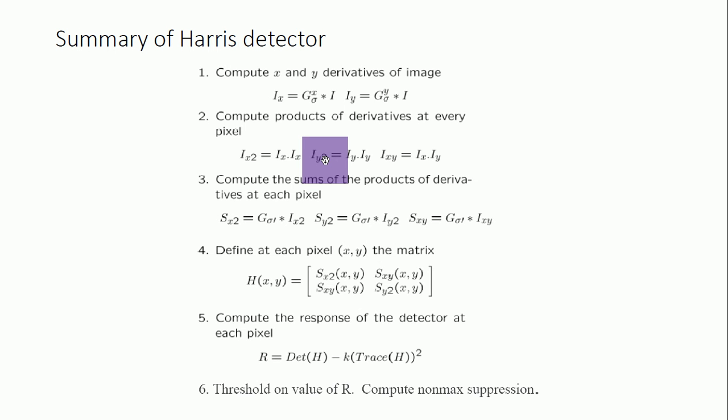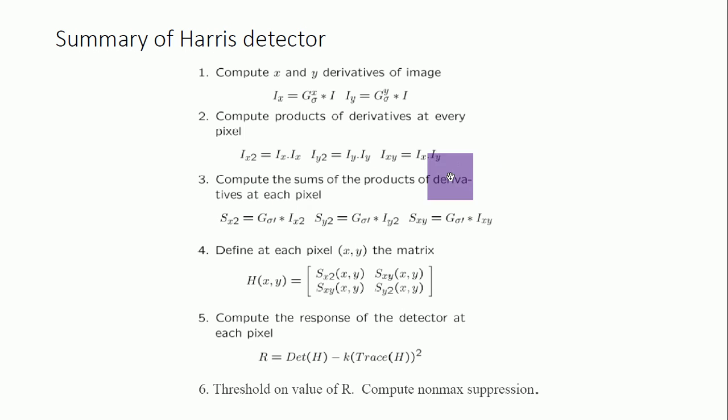This is the Harris corner detection. Compute x and y derivatives of the image. Here we choose Ix equal to the gradient in x and Iy equal to the gradient in y. Compute the products of derivatives at every pixel: Ix squared, Ix times Iy, and Iy squared.